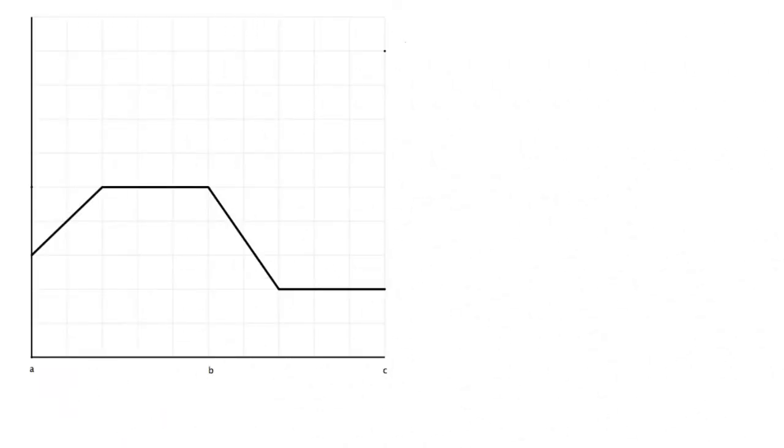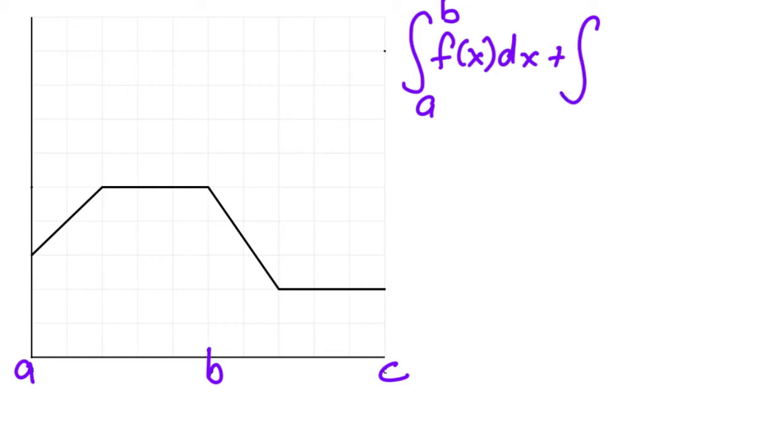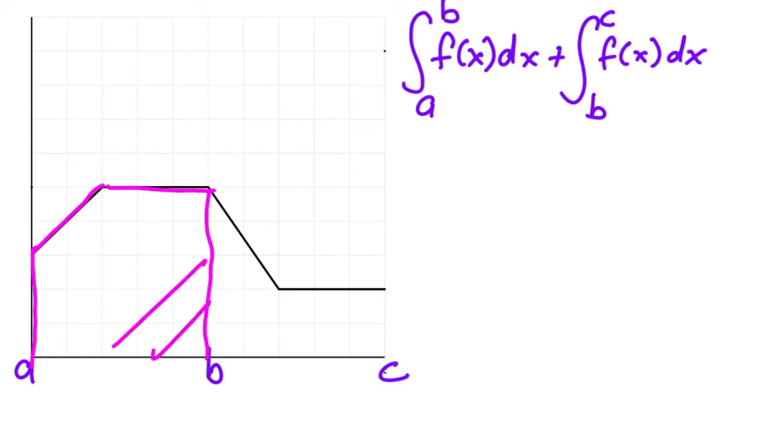Okay, now this is an important one. Here we have an interval, and we're going to break it up. Now let me pose this question: what happens if you add the integral from a to b of f of x plus the integral from b to c of f of x? So in other words, if you find the area under the curve from a to b, you would get this one right here.